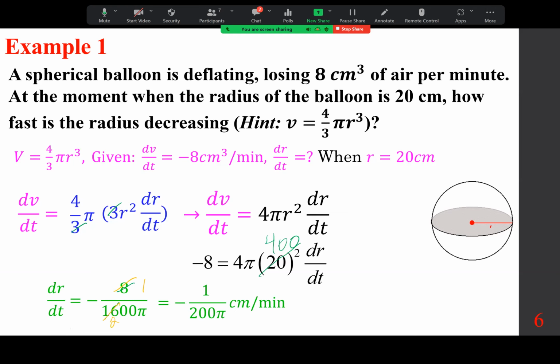And it's important to notice the units will work. If you look at this one, the units of volume over the units of time. If you look at this one, the units of the radius over the units of time. Furthermore, if you go here, this 20 is 20 centimeters that is being squared. dr/dt is found accordingly.